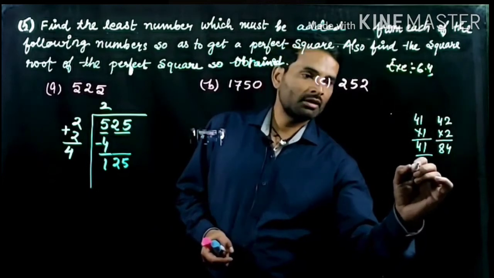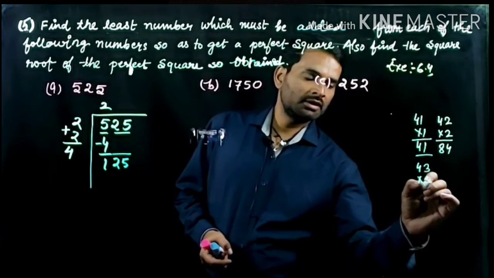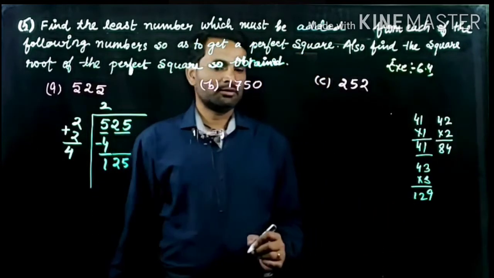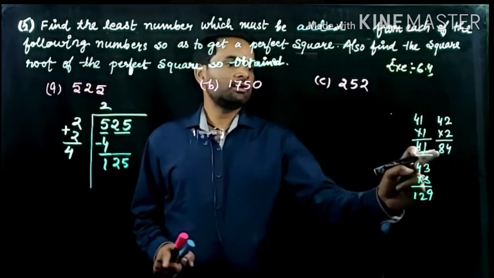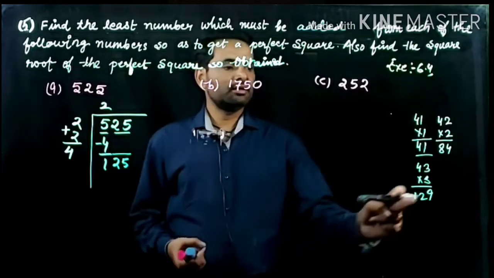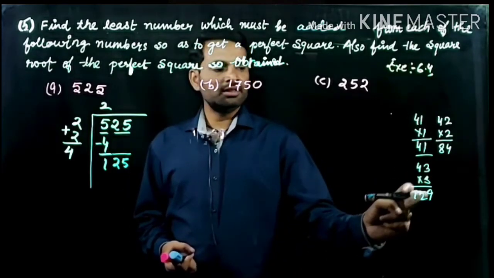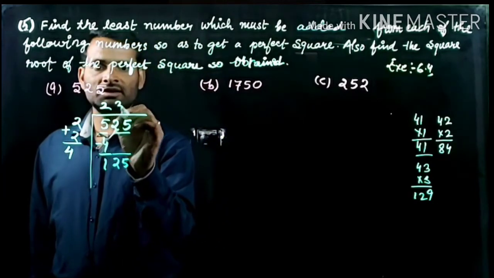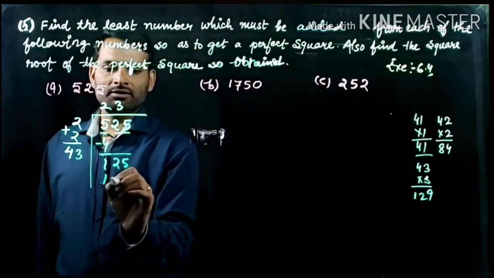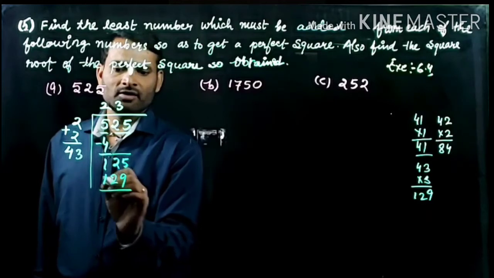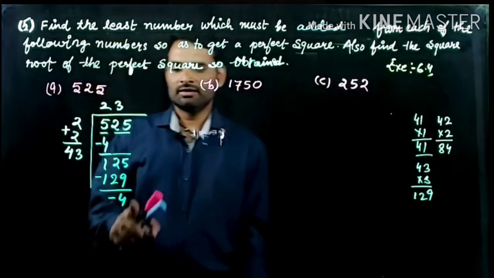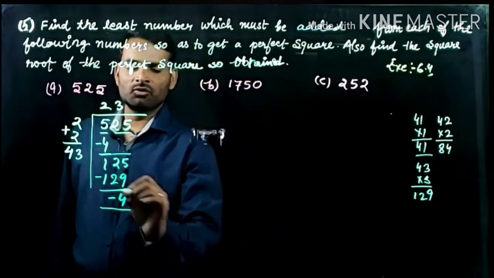So then 43 times 3 is 129, and 125 compared to 129 is okay. So 129 you choose with 3, and 129 minus 125 is 4. Then the number is minus 4.